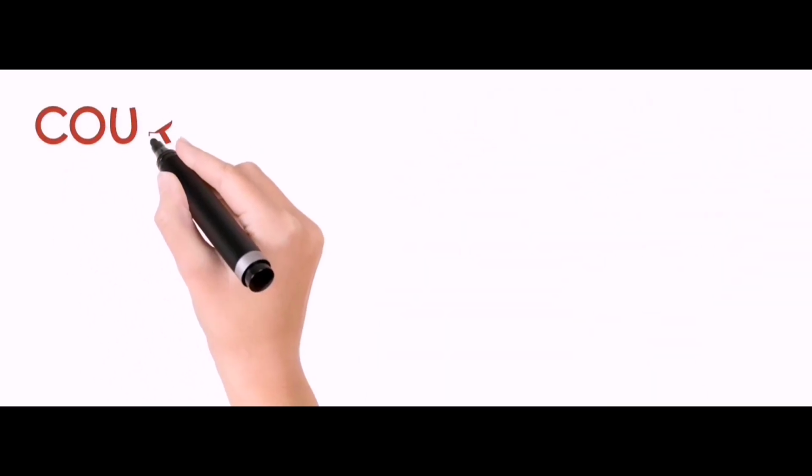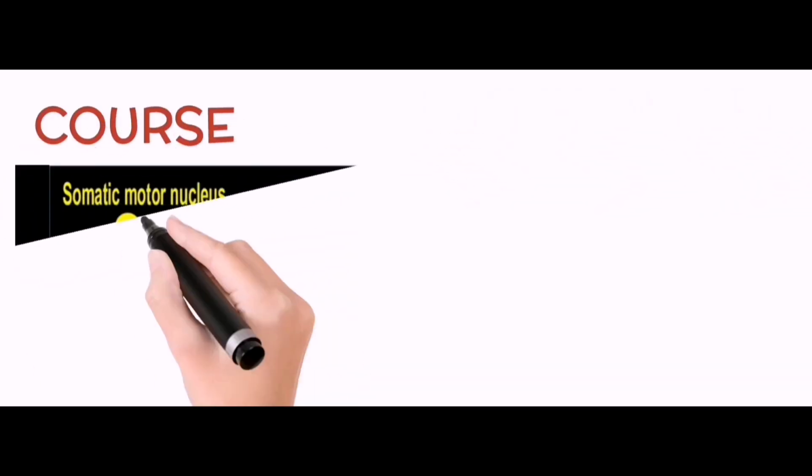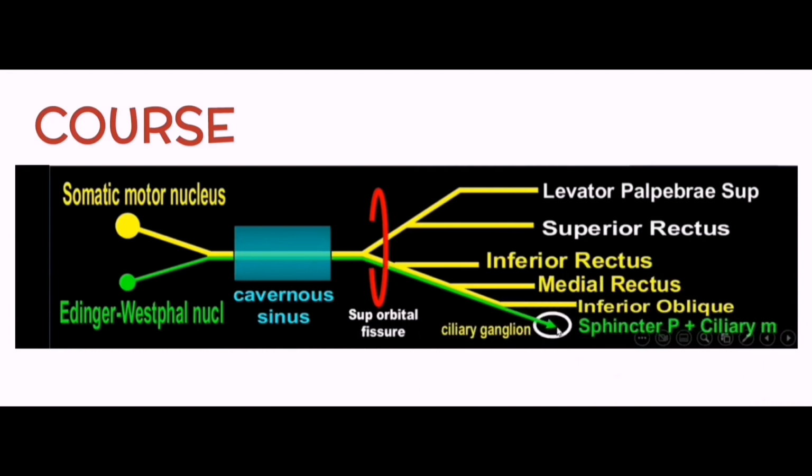What about the course and the supply? In this picture, the overall supply is mentioned. The fibers of the nerve after emerging from the nucleus will be known as the nerve. It will pass through the cavernous sinus and then the superior orbital fissure. It will divide into a superior division and an inferior division.